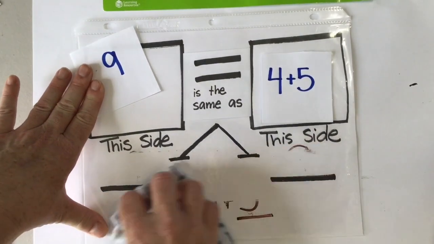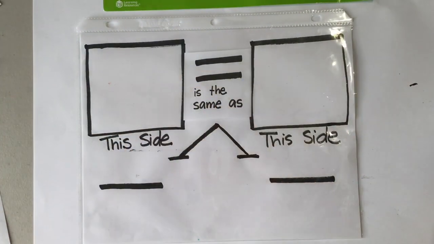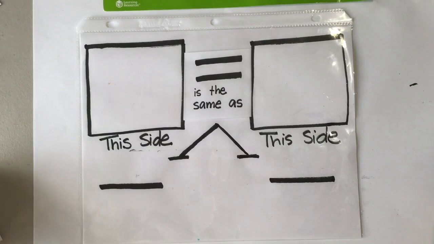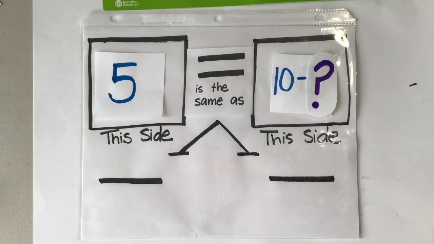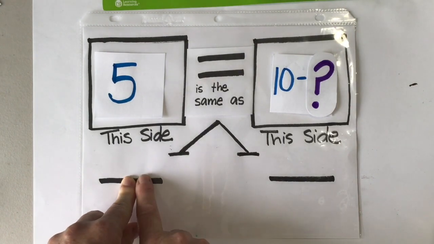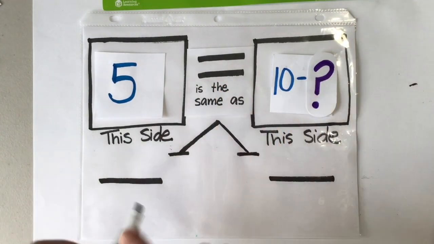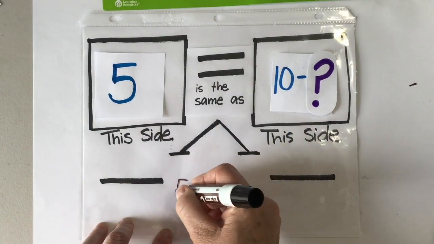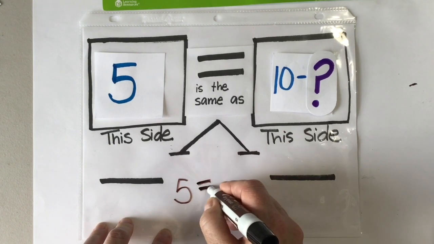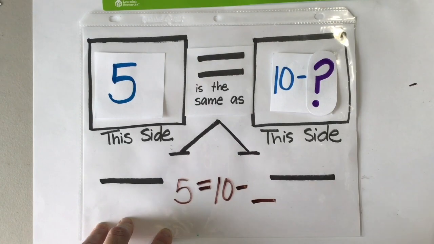Okay. Now we're going to do that again. And this time I'm going to let you solve for the unknown. So let's take a look at this next one. On this side we have 5. 5 equals 10 minus something. So if you're writing in your notebook, you'll write 5 equals 10 minus something.